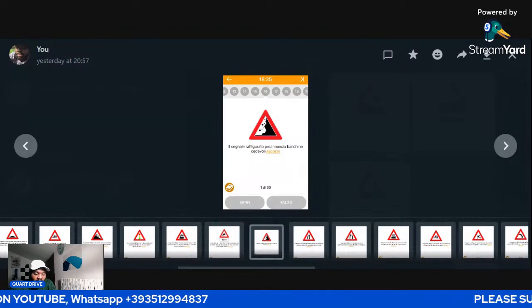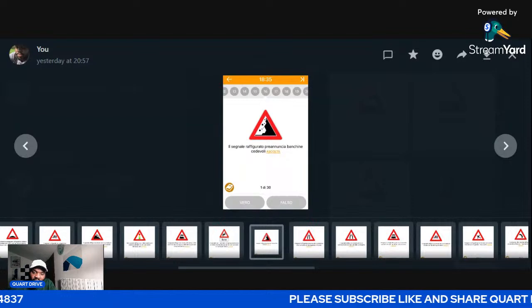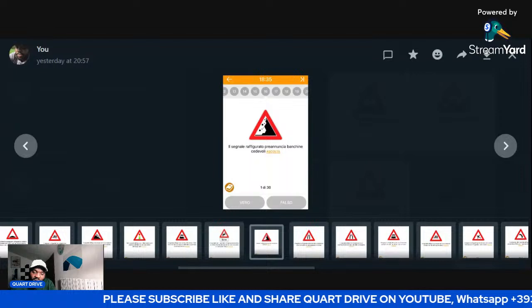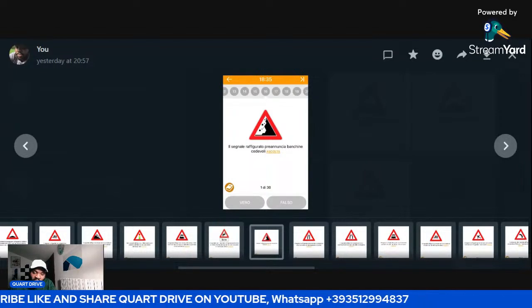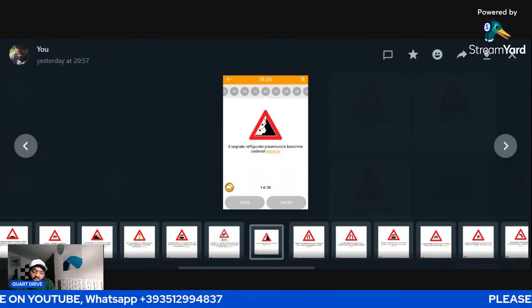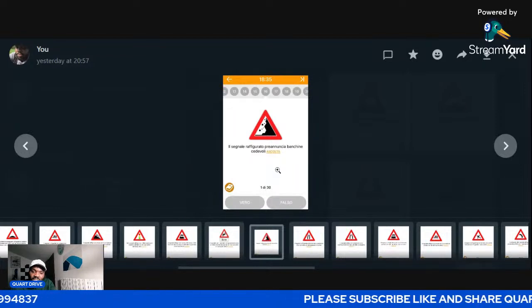This one is talking about caduta massi, like something is falling from the side of the road, maybe a rock. There will be some things coming out from that side, so when you are driving there, you have to be attentive. This is not talking about a slippery road or something like that. So the 16th question is falso.